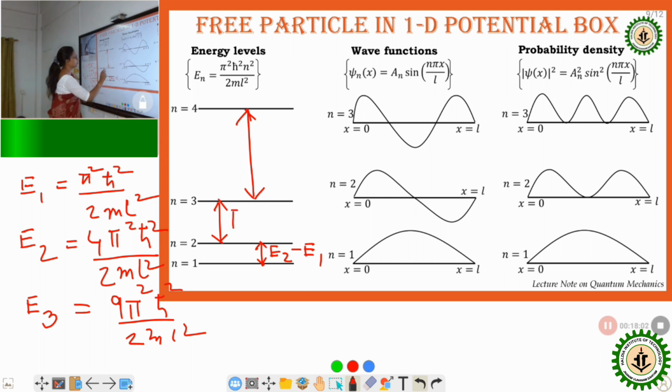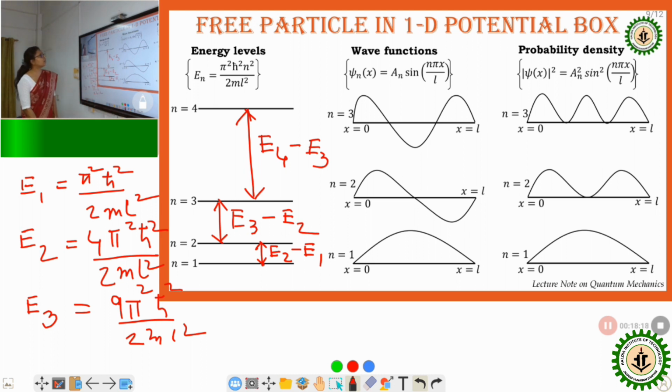This is E3 minus E2. This is E4 minus E3. Okay, so this is how the difference between two successive energy levels changes.